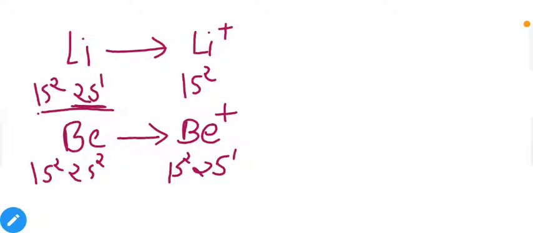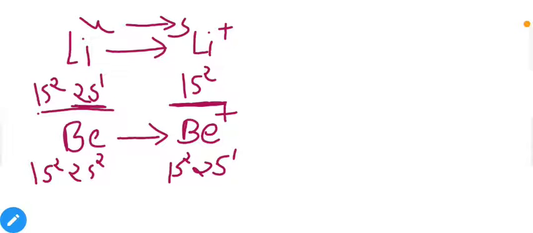It was 2s1, so it is an unstable electronic configuration. And later, after the ionization or removal of the first electron, you will get 1s2. That means a fully filled electronic configuration. So this electronic configuration is stable. So our change is unstable to stable for the first group element.